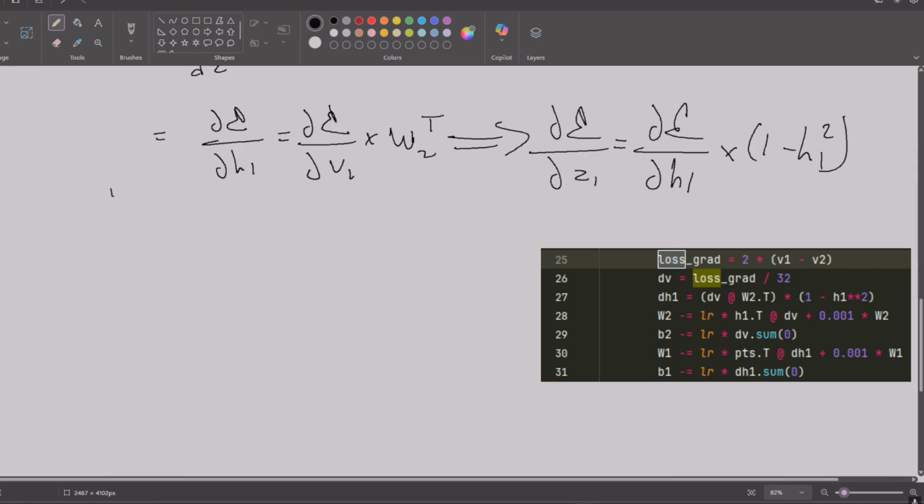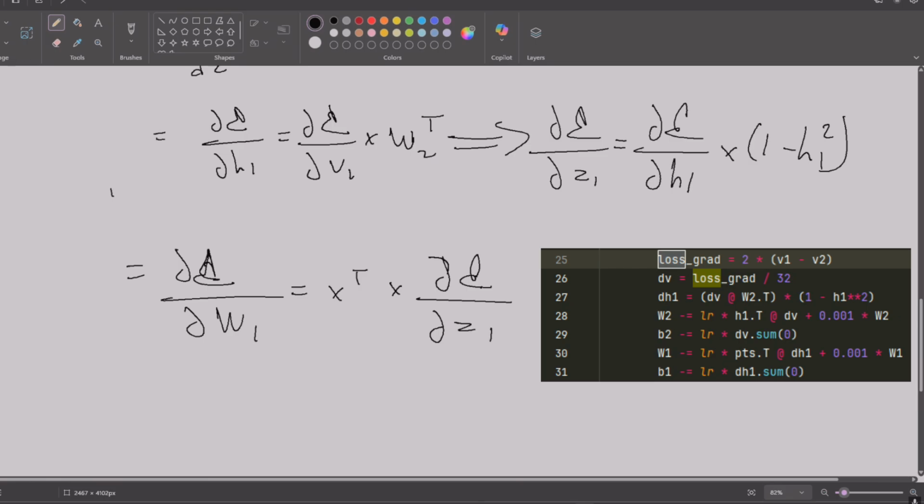Okay, so now this is the final step. We have to do the final weight update for W1. So let's create the final weight update here. The partial derivative of L with respect to W1 is equal to x transpose times the partial derivative of L with respect to z1.